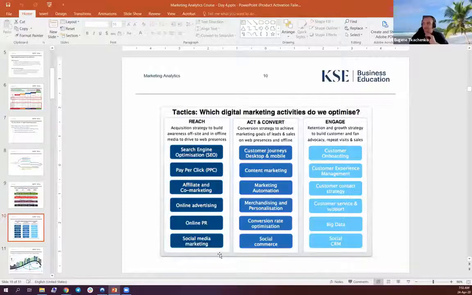If we're talking about the reach stage of our sales funnel, the very top stage, when we are trying to build awareness about our value proposition, it may be both offline or online.